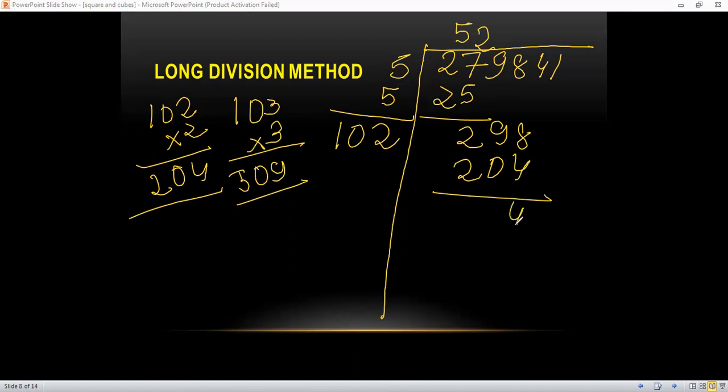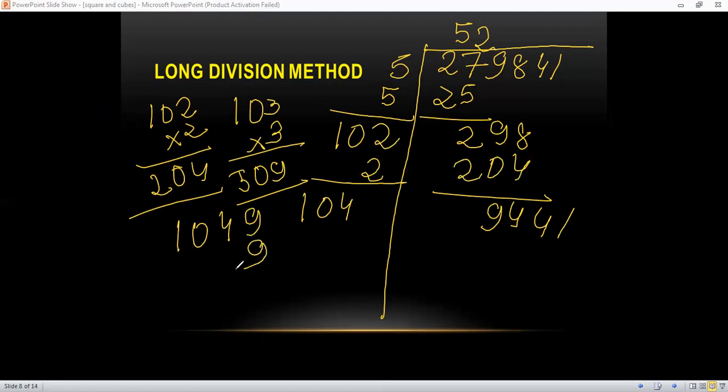I will subtract both the numbers. Now I will write 2 with it and add the numbers. Now which number should I take to multiply so that it can get subtracted? I will try with 9. Okay, so by this number we get remainder as 0.